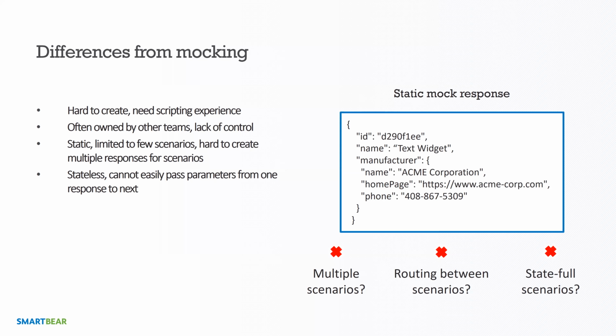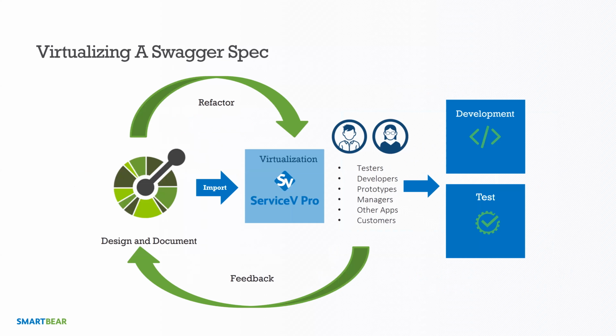You can't pass parameters from one response to another. There's no sense of hierarchy there. It's just a very flat, static response you're getting. Service V alleviates all of that, and then does some other awesome things like the ability to configure performance, which we'll talk about as the next level as well.